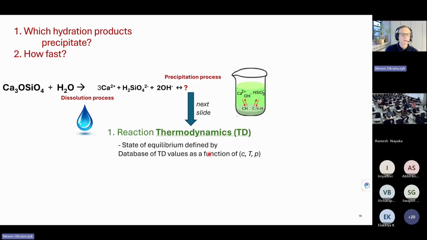It can only tell you what products you would get in equilibrium. Of course, if you have an open system, that means that there is also CO2 involved. The true equilibrium product would be, again, calcium carbonate and silica gel probably.